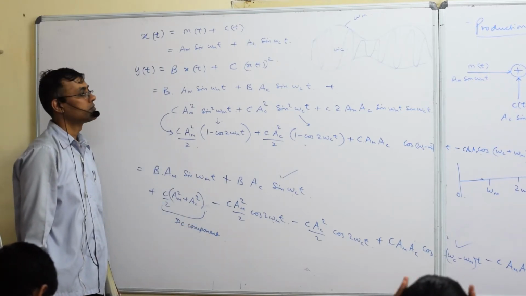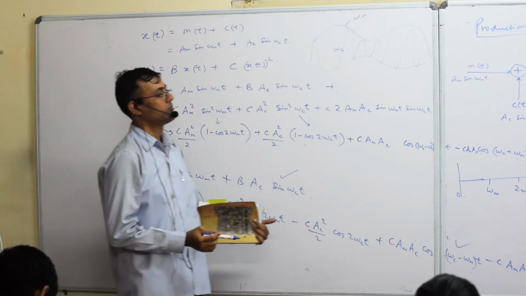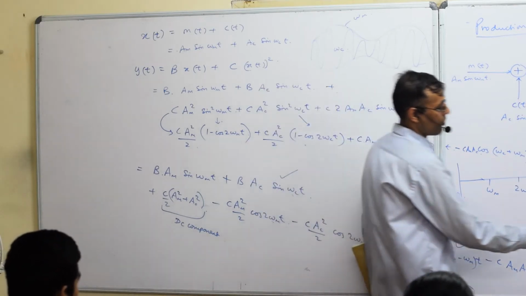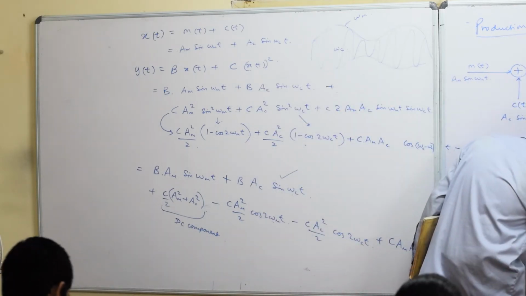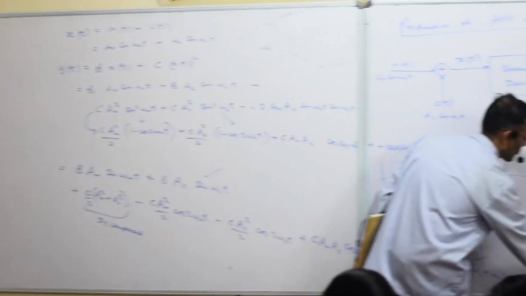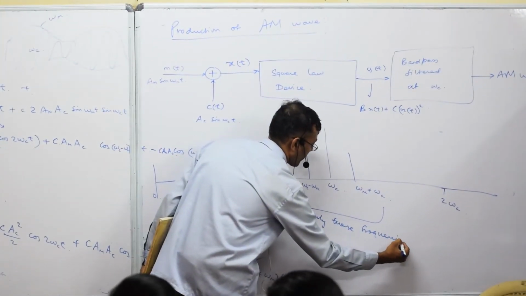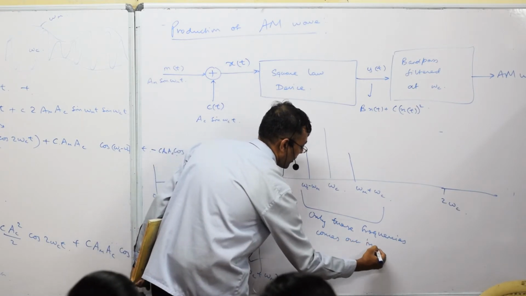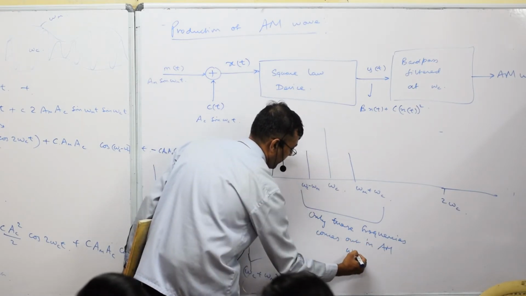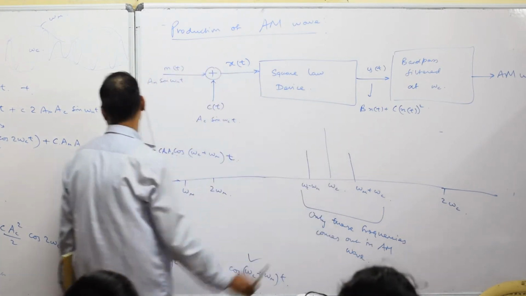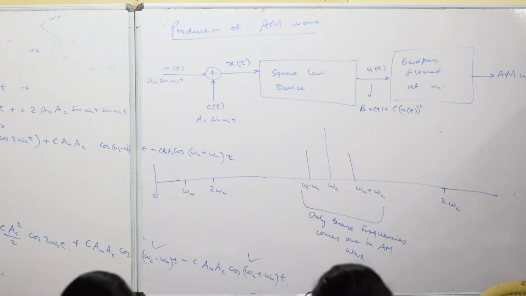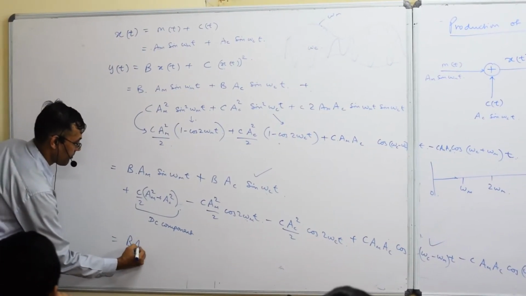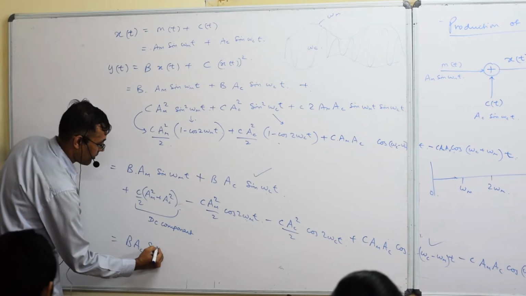Clear? You understand? Band pass filter means it filters out all other things. So only these frequencies come out. If I ignore all the other things and write only these, it should be DAC sin omega c.